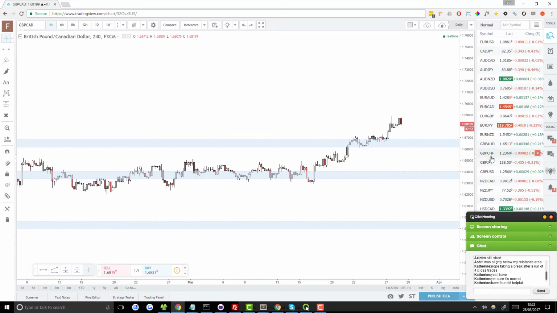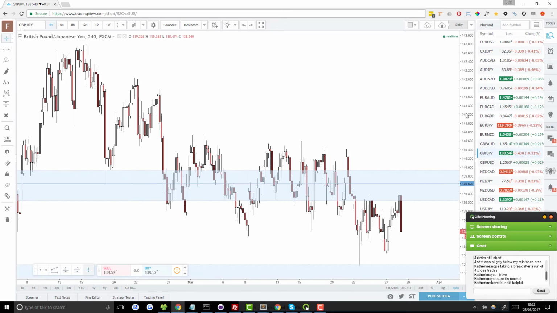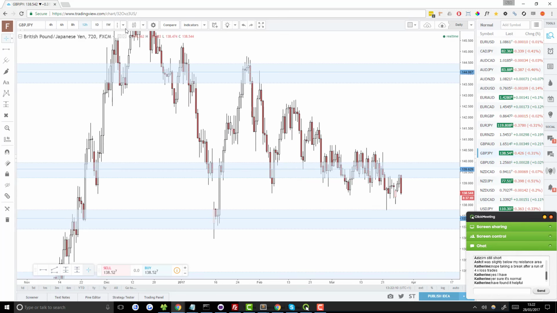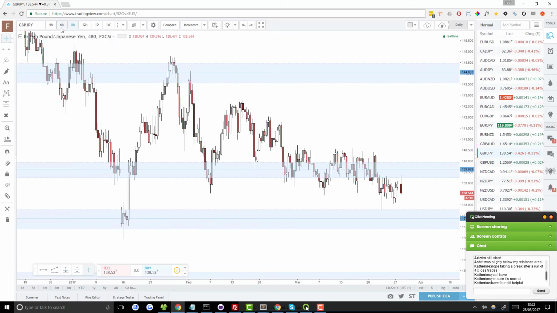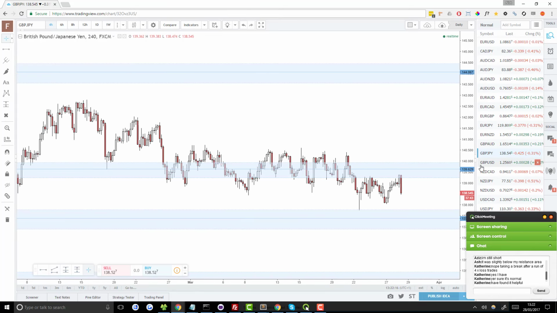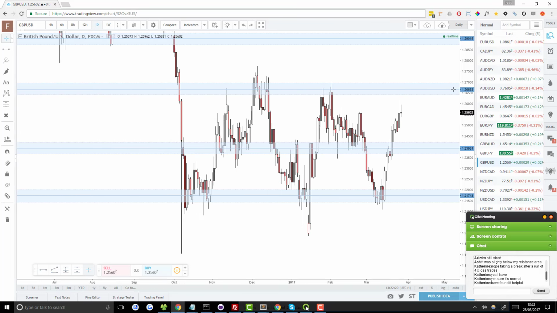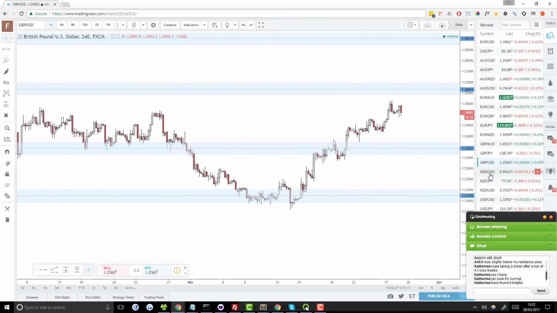GBPCAD, I don't really even trade that pair, nor do I trade GBPCHF really. And nothing really going on GBPJPY. GBPUSD, it's just stalling between two support resistance areas. There's no way I'm going to trade GBPUSD anyway.